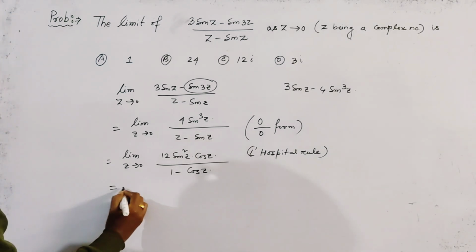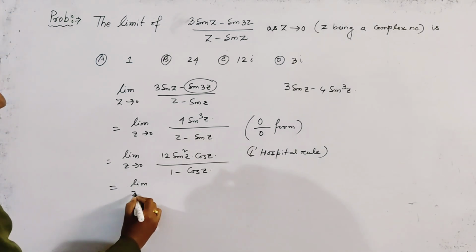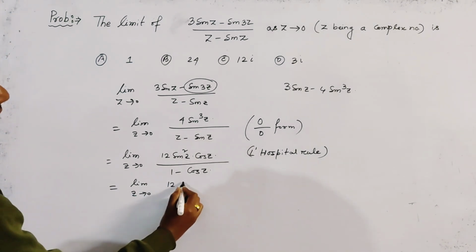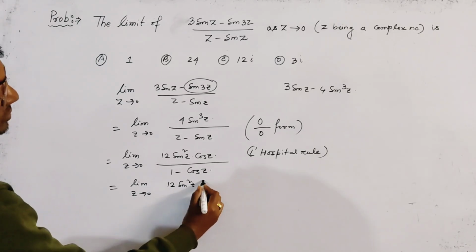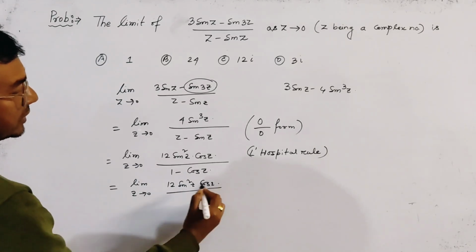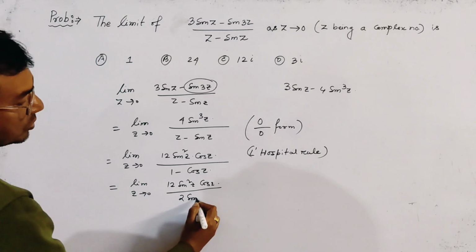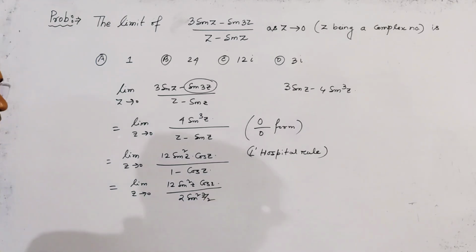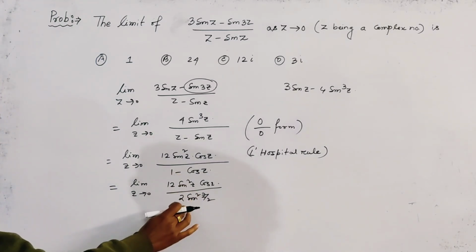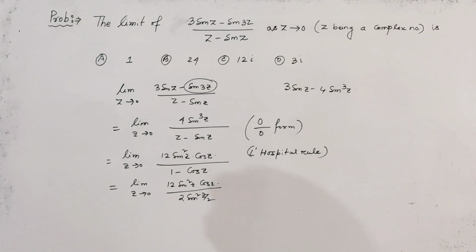Okay, so we get limit z tends to 0, 12 sin square z into cos z by 2 into sin square z by 2. This is the formula of 2 sin square theta by 2.